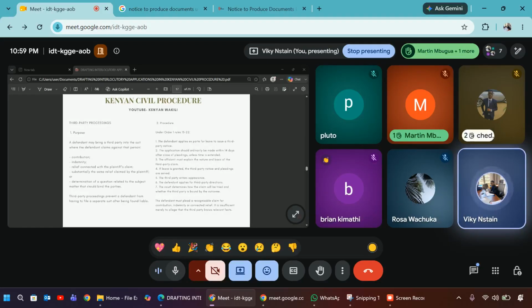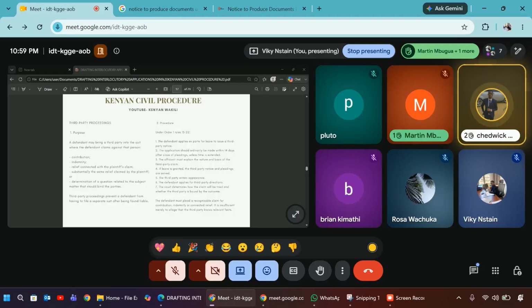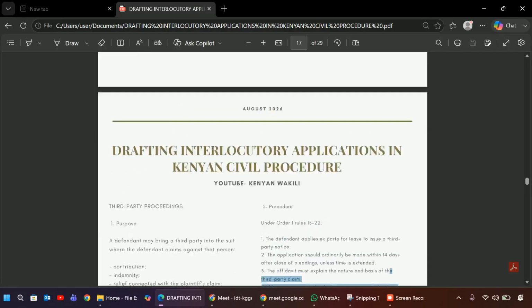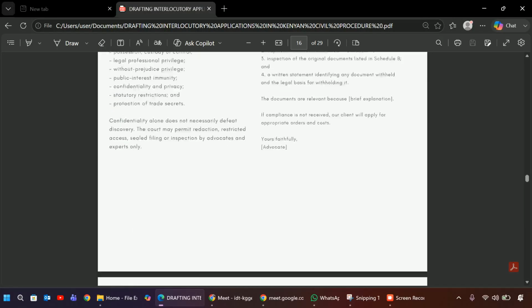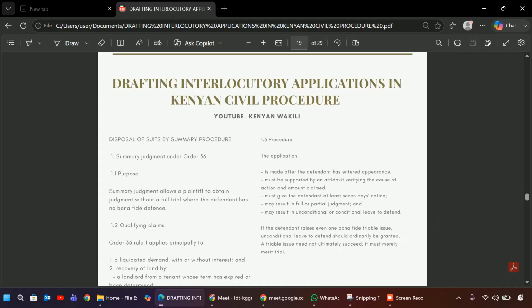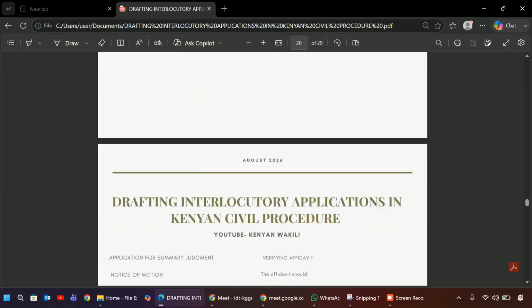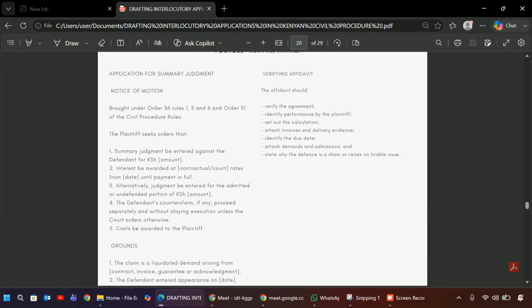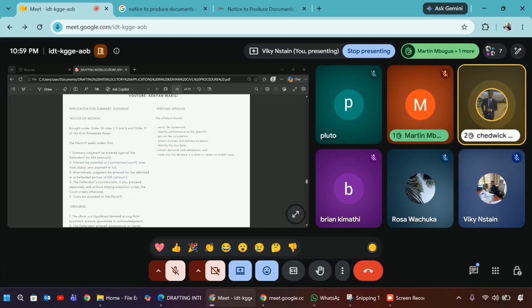Yes, Mr. Chadwick. The third party has been brought, and can the third party apply for the suit to be struck out under Order 2, Rule 15?